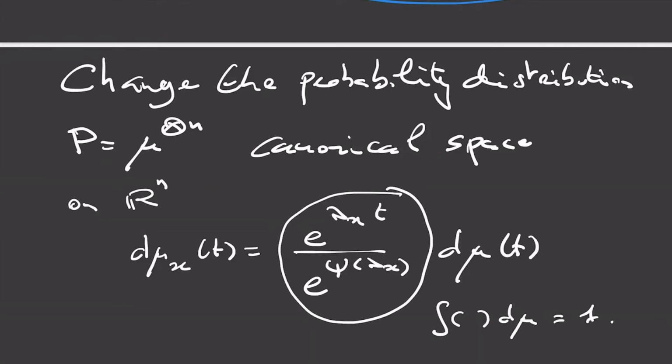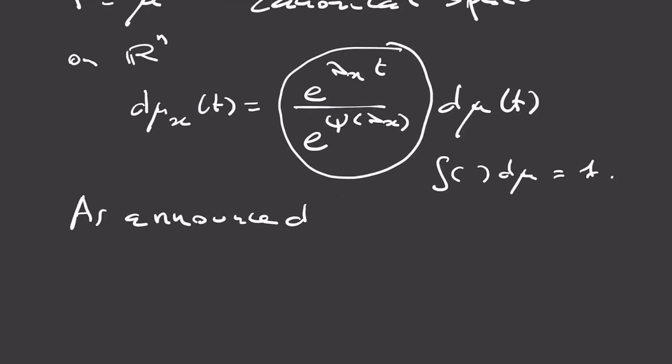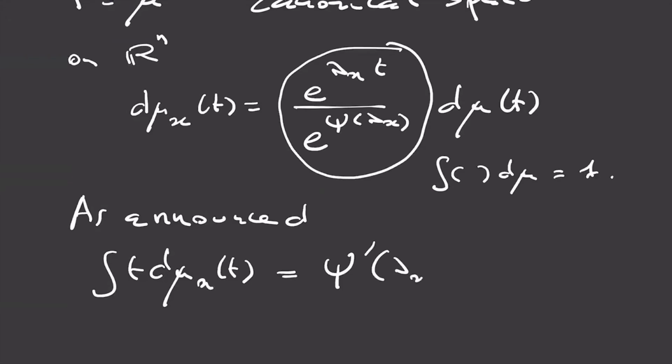This is exactly the normalization which makes it a density. So as announced, we have a mean for this new probability distribution, which is equal to psi prime of lambda x, and it is equal to x. This is what we have seen just before starting the proof of Cramer's theorem.